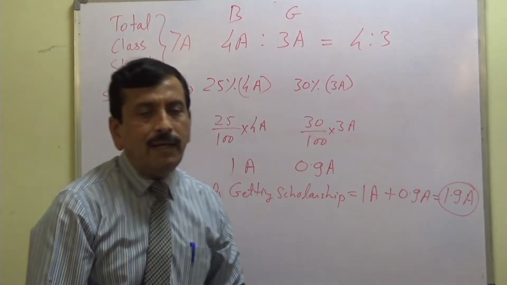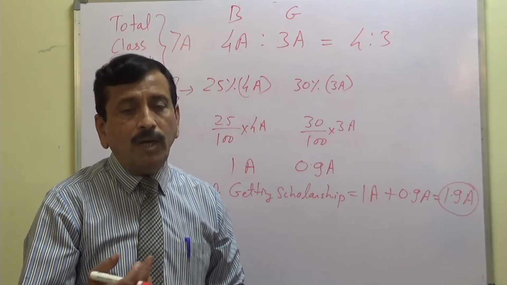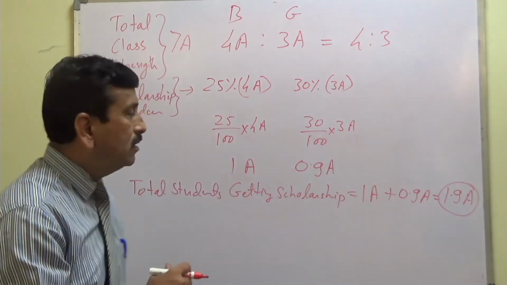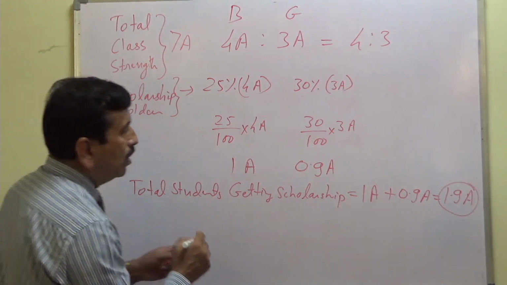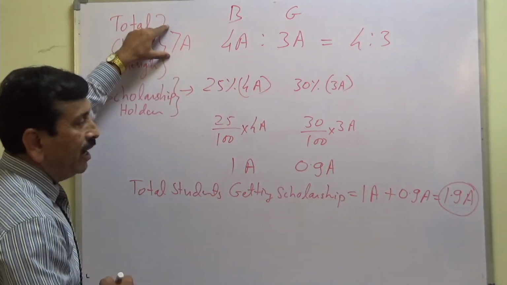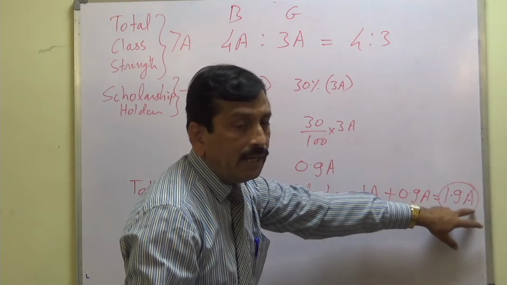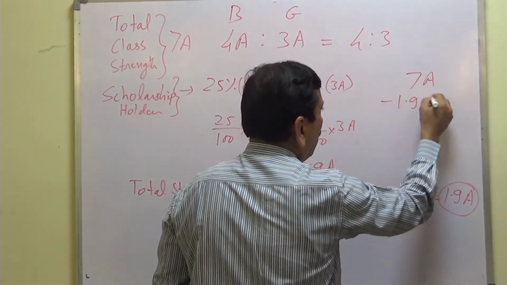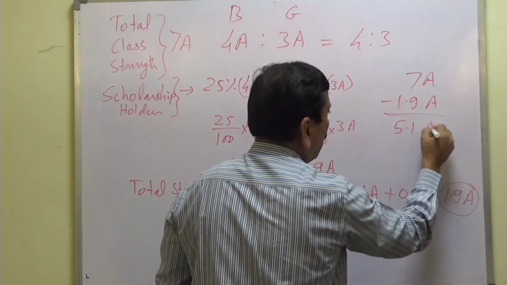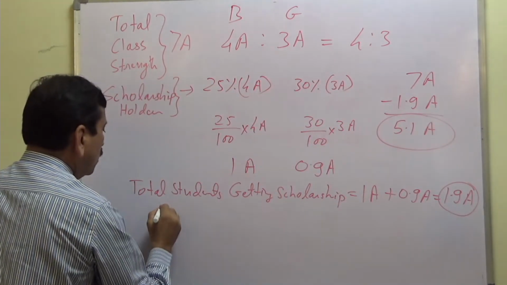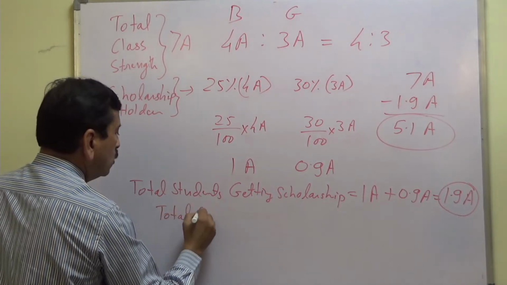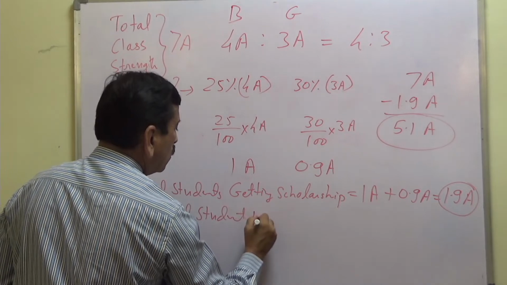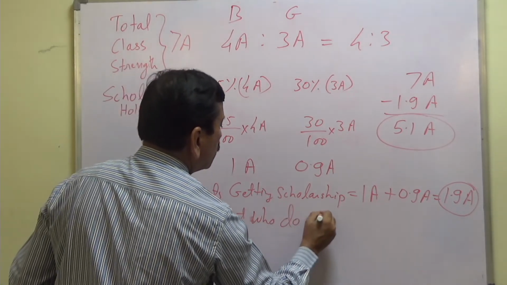Okay, and we need to know what percentage of the students do not get the scholarship. Now total students are 7A. From 7A, 1.9A get the scholarship. So 7A minus 1.9A is equal to 5.1A. So 5.1A total students who do not get scholarship.